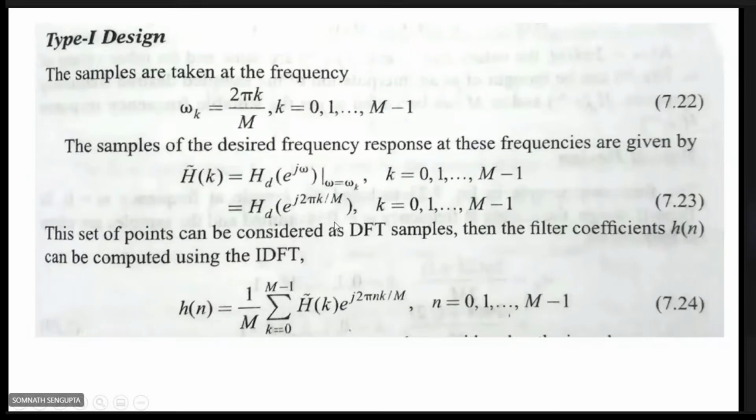Now if you take the inverse discrete Fourier transform of it, you will get h of n. Using the formula of the discrete Fourier transform, that is 1 by m, sum over k equal to 0 to m minus 1, Hk into e to the power j 2 pi nk by m.